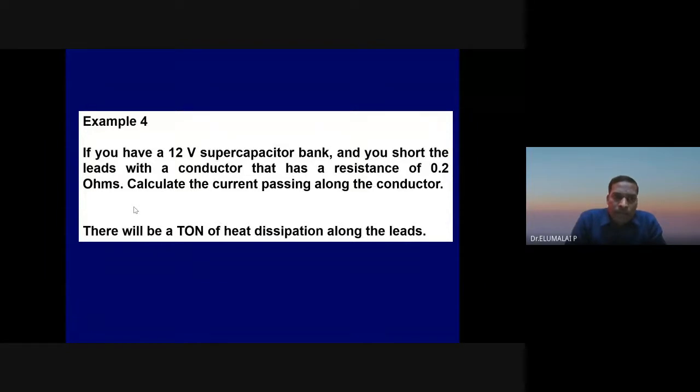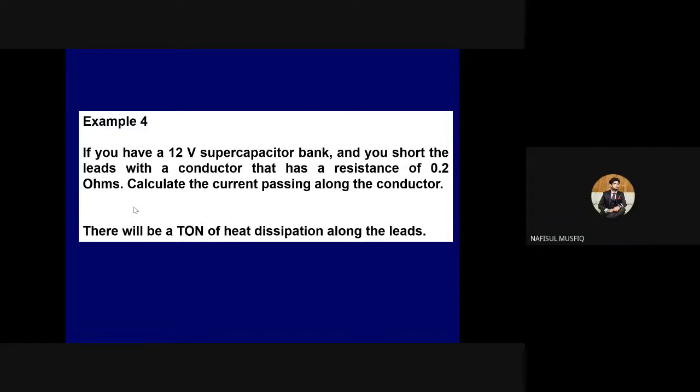Now, if you have a 12-volt capacitor bank and you short the leads with a conductor that has a resistance not of more than 2 lakh, but now very, very low, 0.2 ohms, estimate the current that can be discharged from the capacitor and see what will happen.